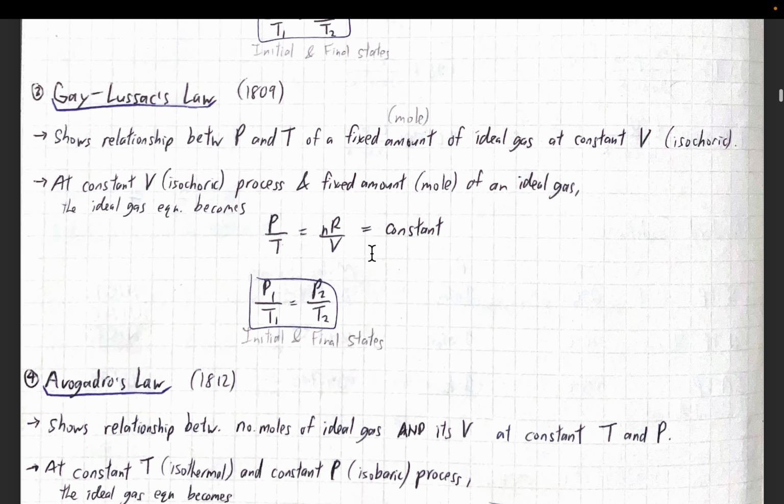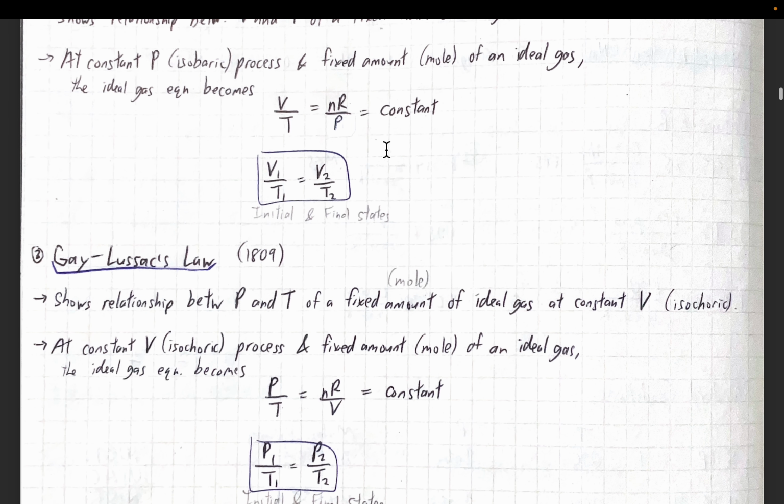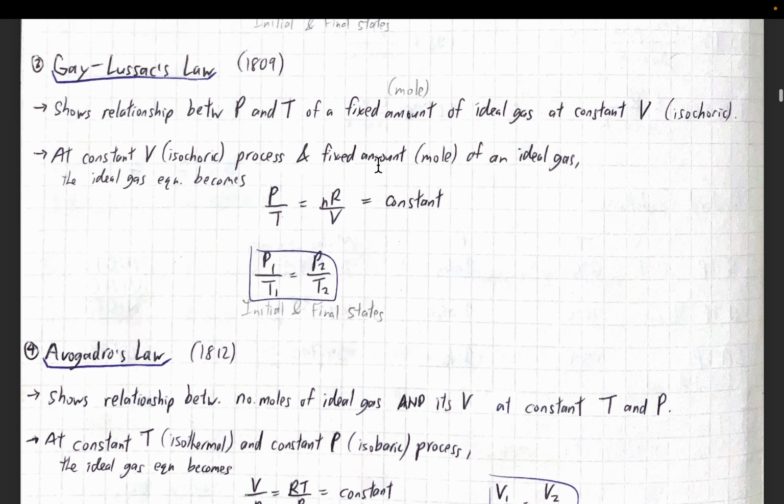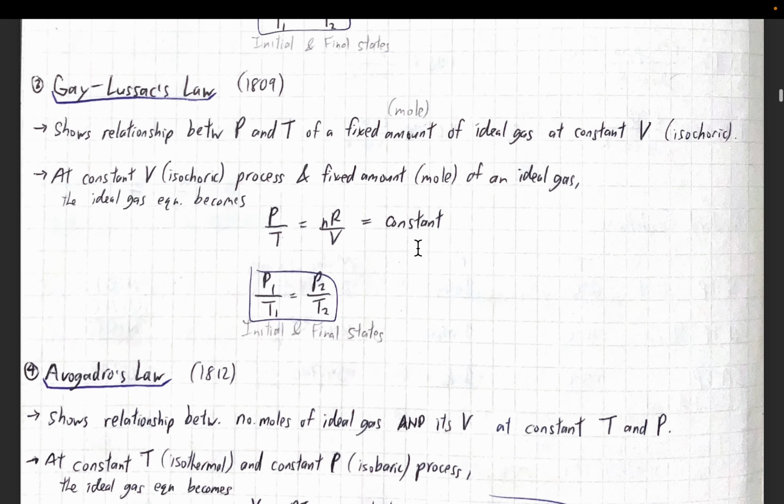Again we have initial and final states, sub 1 and sub 2. For Gay-Lussac's law, this is pressure over temperature of the initial equal to pressure over temperature of the final. And in this process, since we don't see volume here, volume is constant. And so we call this process isochoric.